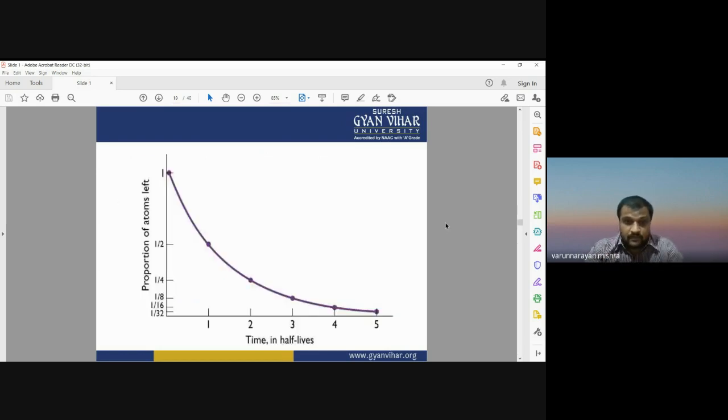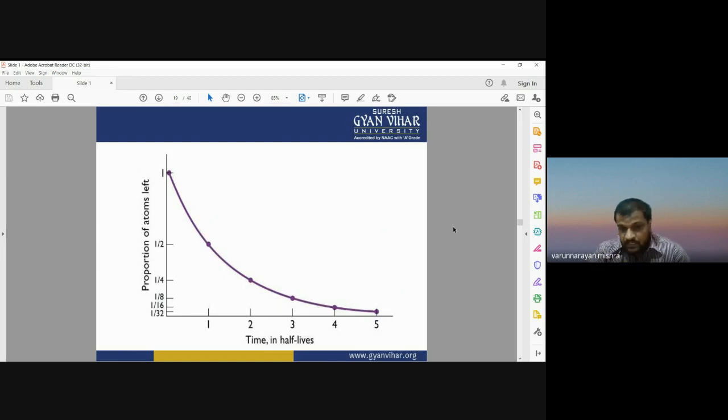Okay, so this is the graph showing the proportion of atoms left and the time in half lives. You can see that as time in half lives increases, the proportion of atoms left in the material gets smaller.